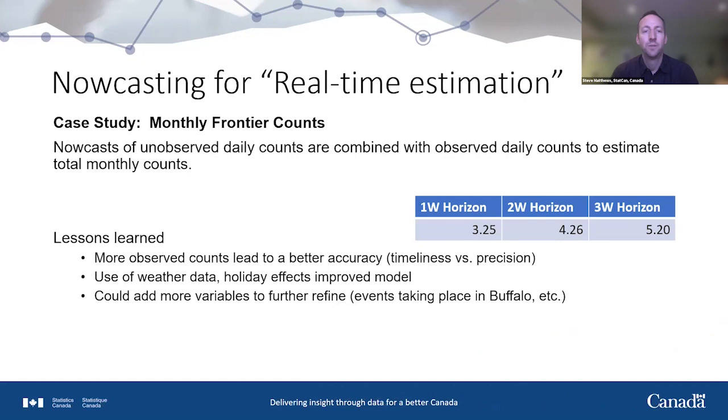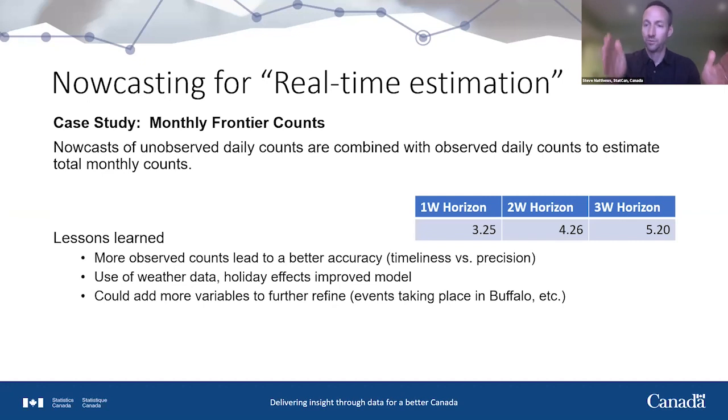If we can go to the next slide. In order to produce an earlier estimate of the monthly count, we could take, let's say, the first couple of weeks of daily counts and predict the rest of the month, and then add that all up to come up with our monthly count. What we expected to see was that if we use the first week of data and forecast the rest of the month, that would give us a certain accuracy.